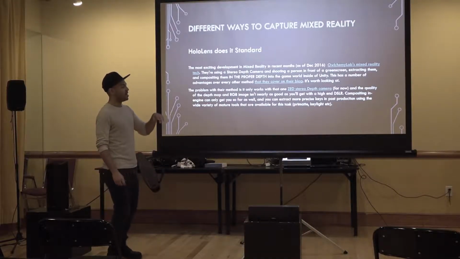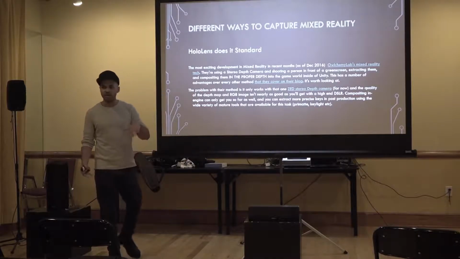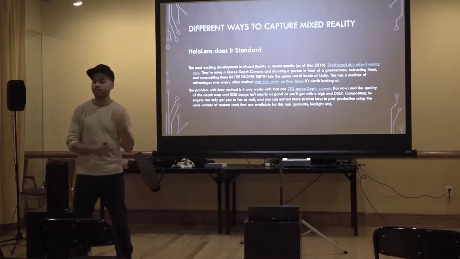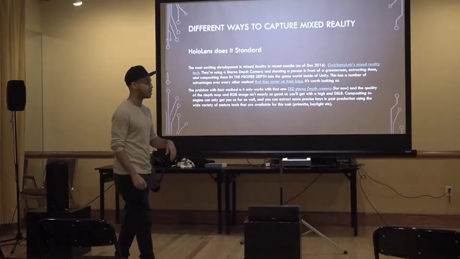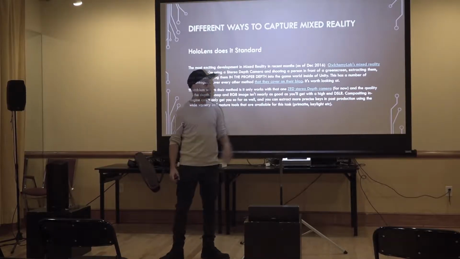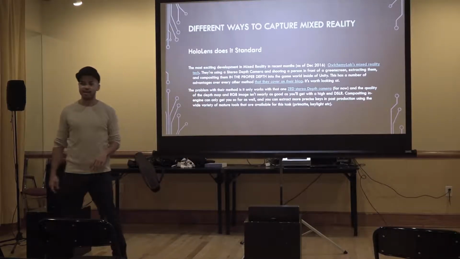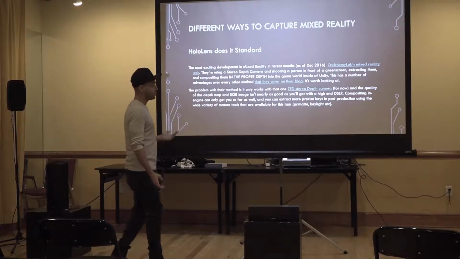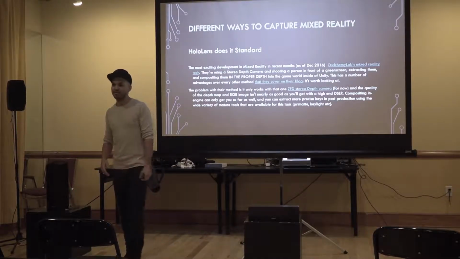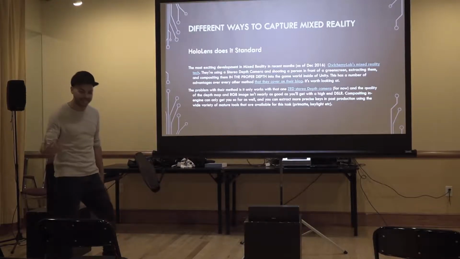Another example, which is honestly one of the better methods I've seen for recording mixed reality, is this specific camera, the ZED, a stereo depth camera. Essentially, it's like a 3D camera. It's able to understand depth. What does that allow us to do?